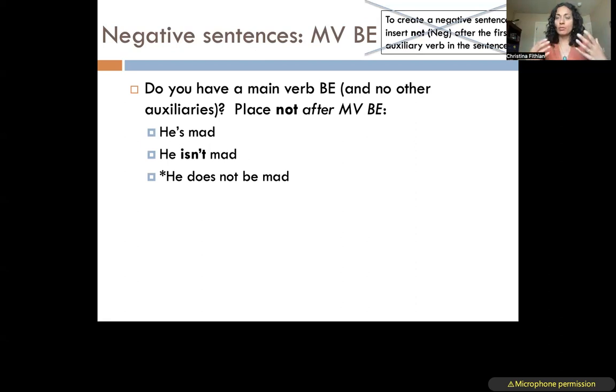Well, you might not be aware of this, but this actually happens with whole sentences and whole constructions as well, and this is where we get a lot of dialectal differences. When we think back to prescriptive versus descriptive grammar, a lot of prescriptive grammarians might look at a sentence like "he does not be mad" and say that's bad grammar, it's incorrect, and completely disregard the fact that many dialects of English actually have this in the grammar as being correct.